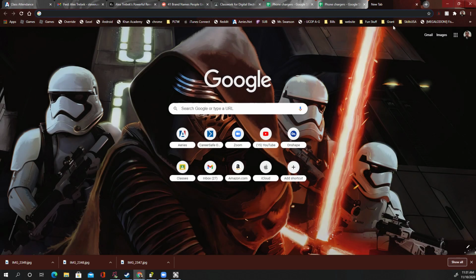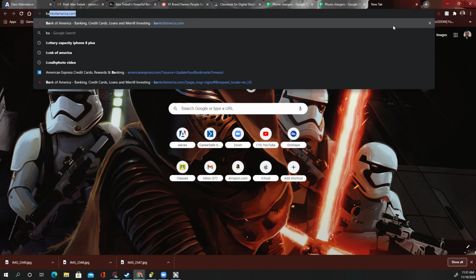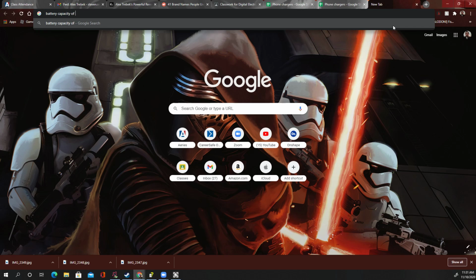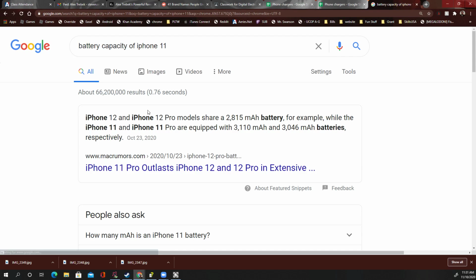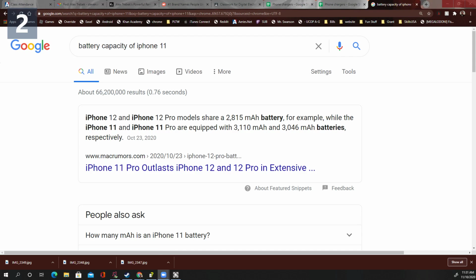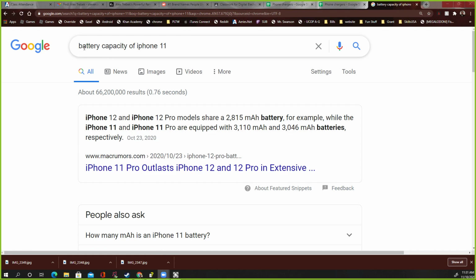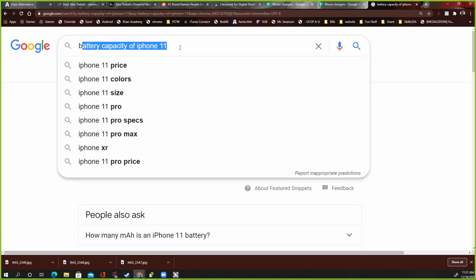We're going to do the first one and say battery capacity of iPhone 11. So I'm just Googling battery capacity of iPhone 11.